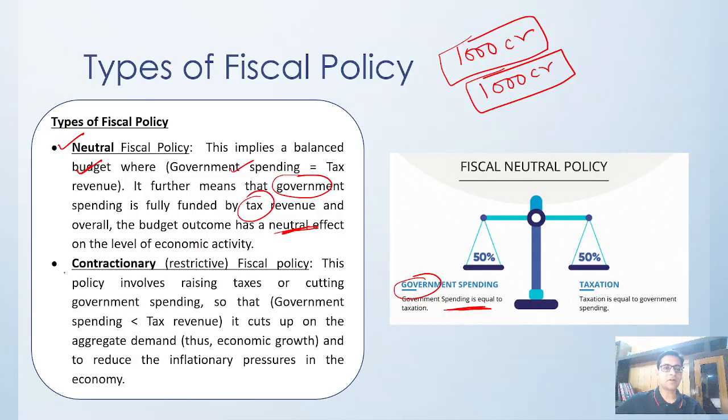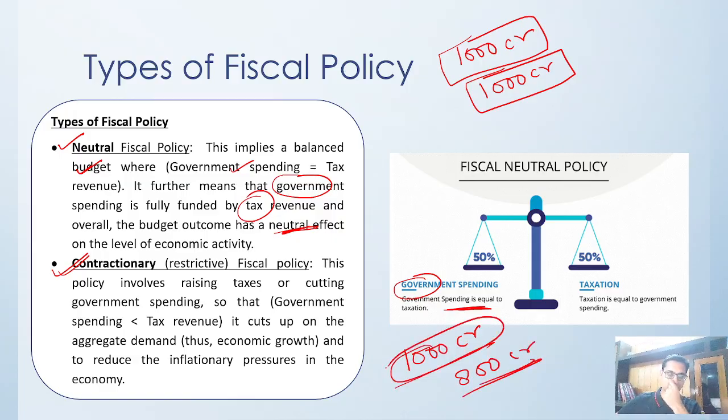Then we have a contractionary fiscal policy. That means we are contracting our fiscal policy. That means we are having 1,000 crore, but we are only spending 800 crore. Contraction, that means we are having good resources, but we are spending less. We are cutting down the demand.